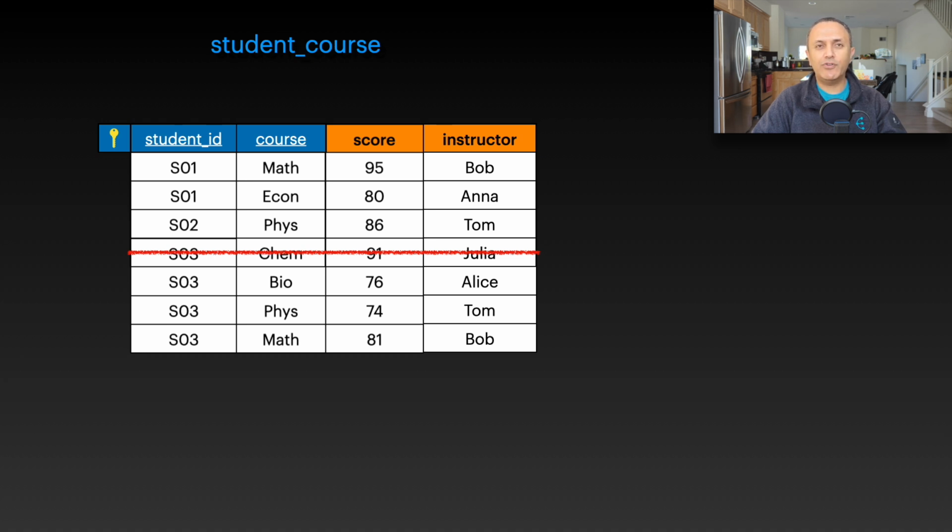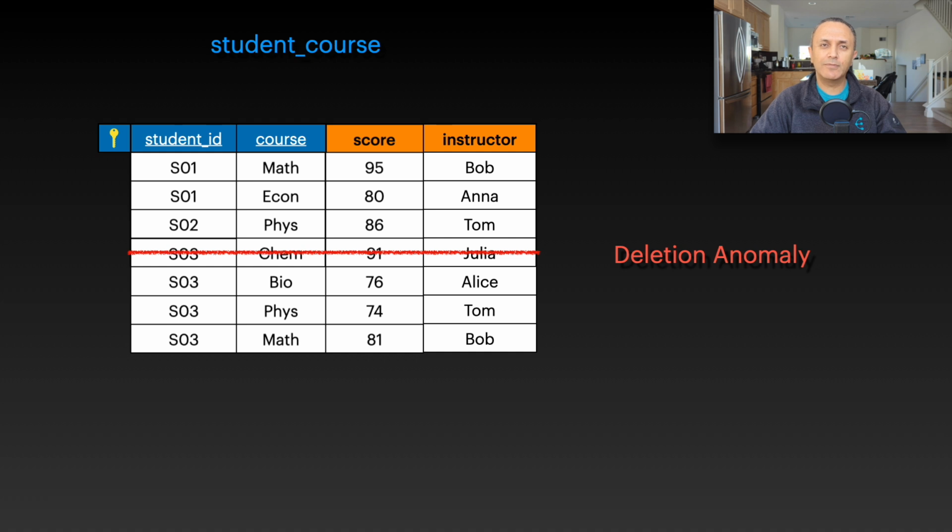This is what we refer to as the deletion anomaly. The deletion anomaly means that we were deleting something, but as we were doing that, we also deleted something else unintentionally. We were trying to delete the association of student 03 with the chemistry course, but while doing that, we also deleted who is the teacher for this course.